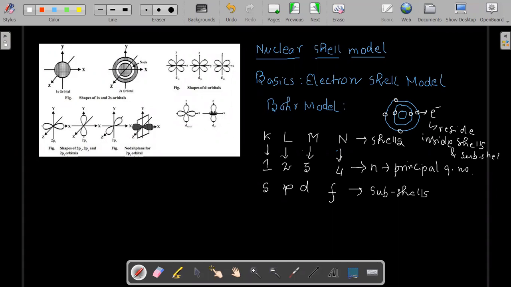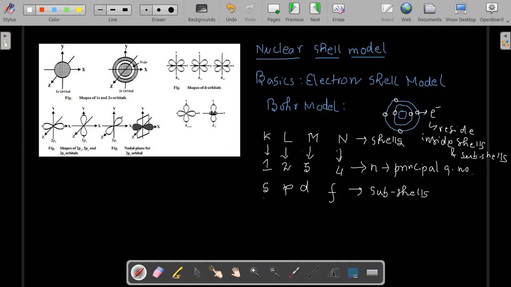There is a definite shape for its existence, but it's not a location that is actually bounded, because it's based on the idea of probability.